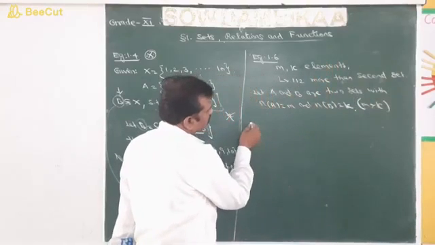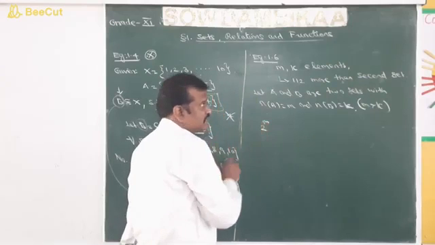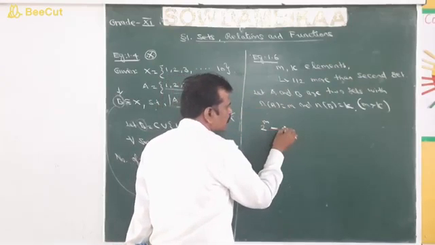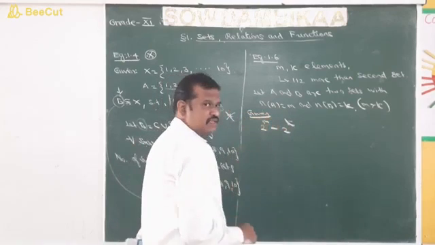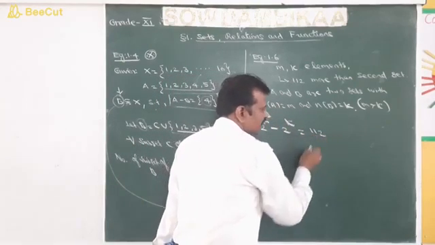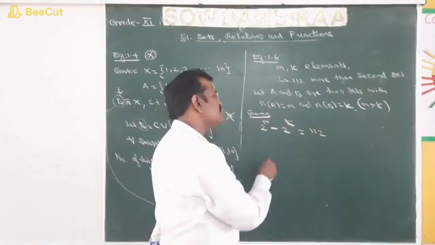That is, 2 power M, the number of subsets of set A, minus 2 power K, the number of subsets of B, is equal to 112. That is, the first set has 112 more subsets than the second set.